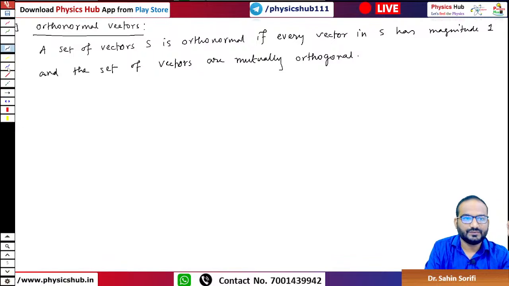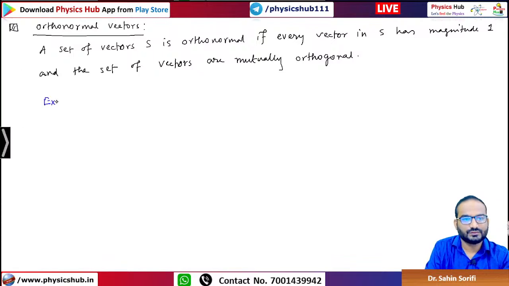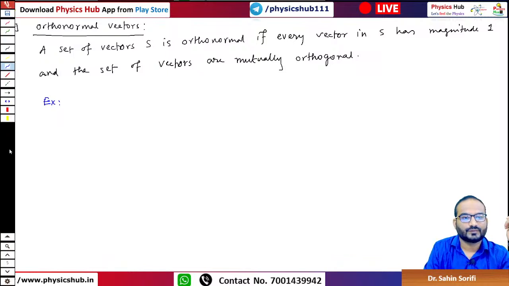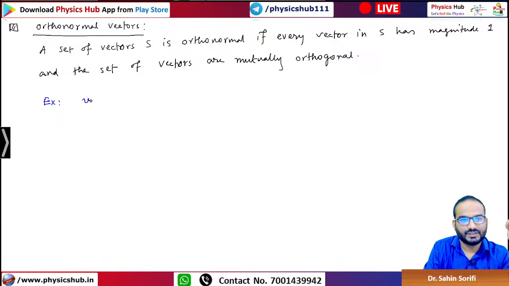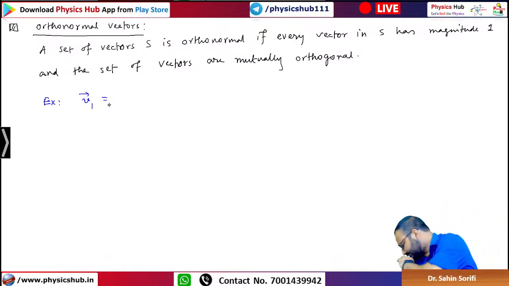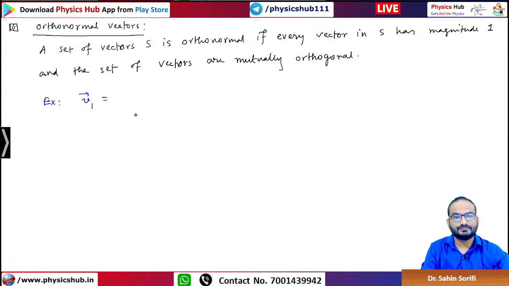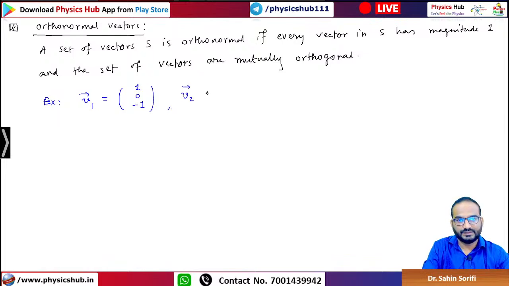So let us check the previous example which we considered. Let's say we have v1 as 1, 0, minus 1, v2, let's say another vector, 1, root 2, 1, and v3 what we had, 1, minus root 2, plus 1.